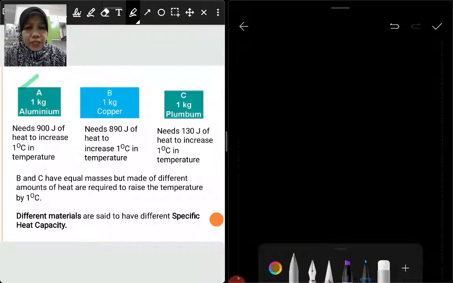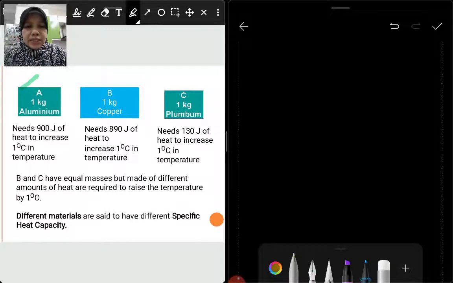The example of A is aluminium, where the mass of aluminium here is 1 kg, B is copper, and C is plumbum. All of the substances have the same mass, which is 1 kilogram.